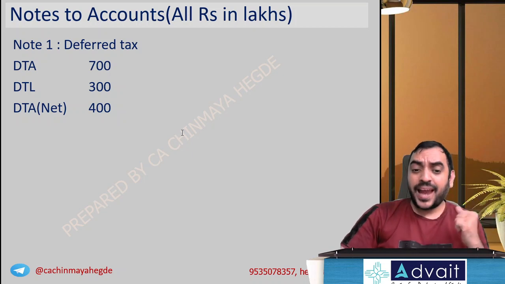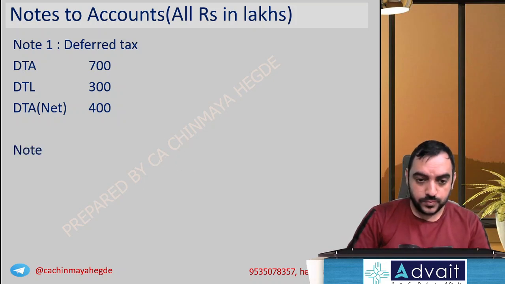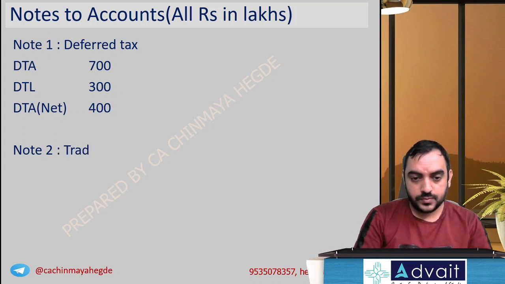Ideally, you should have given plant, property, equipment information also, which we don't have. So let's not worry about it. Let's do trade receivables. Note 2, trade receivables.